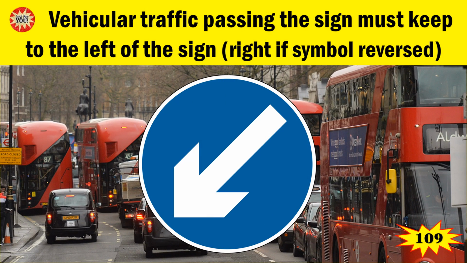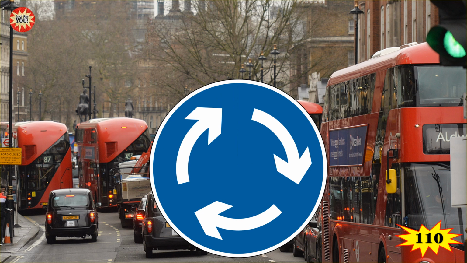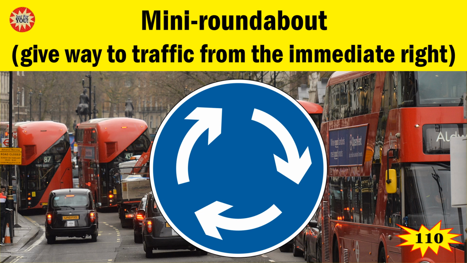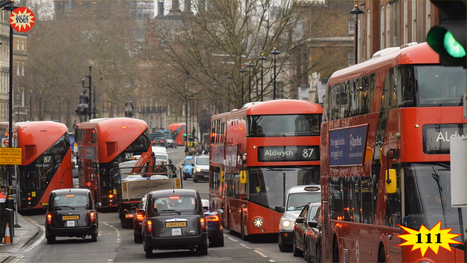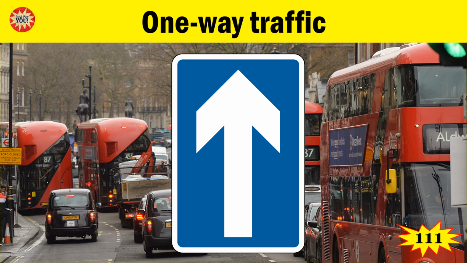Vehicular traffic passing the sign must keep to the left of the sign, right if symbol reversed. Mini roundabout, give way to traffic from the immediate right. One-way traffic.